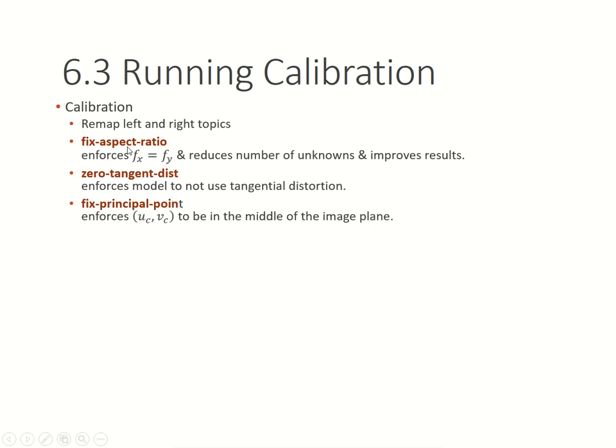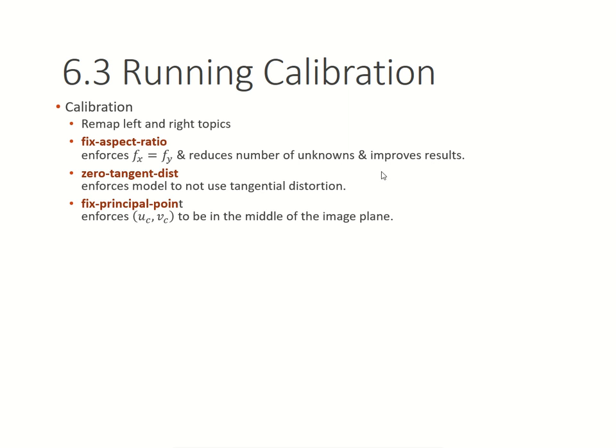The fixed aspect ratio assumption is saying that the focal length in the x direction is the same as the focal length in the y direction. It reduces the number of unknowns and improves results as long as this assumption is close to the truth.